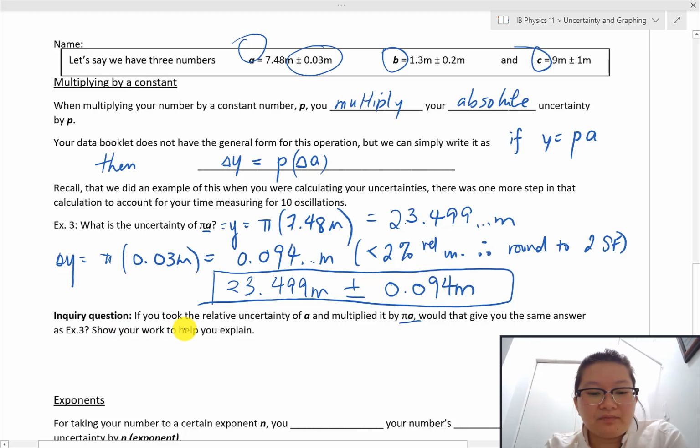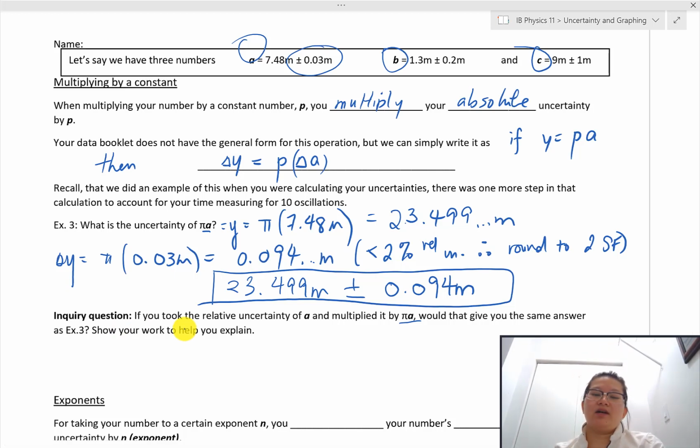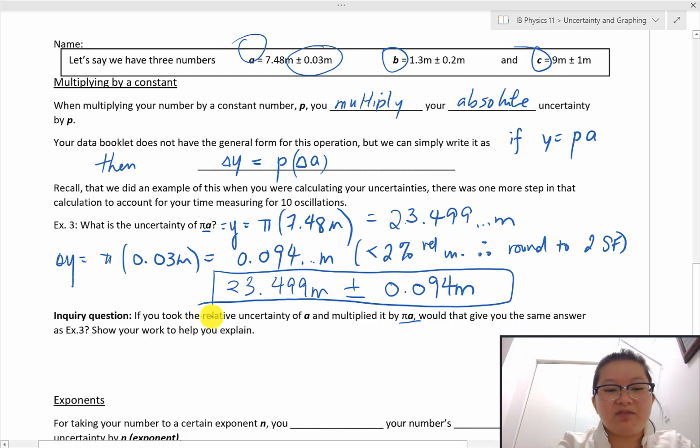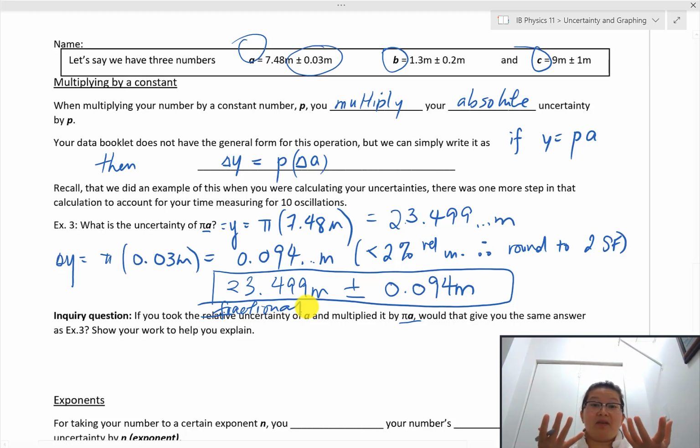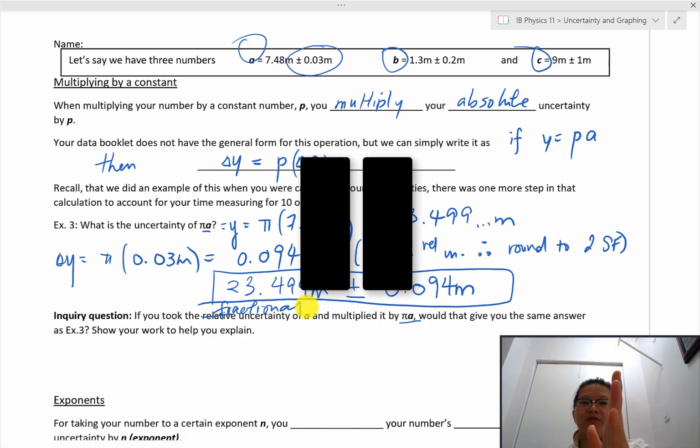Instead of multiplying your absolute uncertainty of A by the constant, you take the relative uncertainty of A, or to be more specific, the fractional uncertainty of A, and then multiply that by the final answer. See if you get the same thing. Good time to pause the video for you to try.